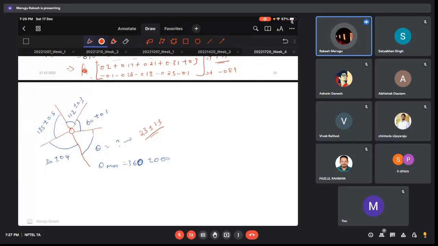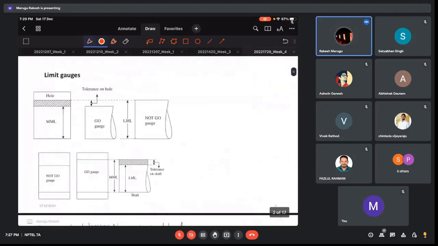So we'll quickly move to today's concept, the limit cases. You can stop doing that and try it later. So this is an important concept, limit cases. The main concept is the limit fits tolerances. Then comes this limit cases concept.